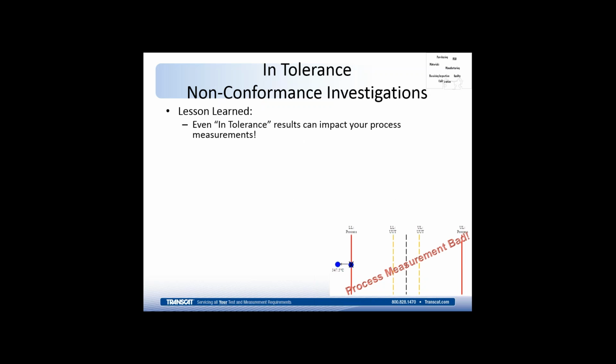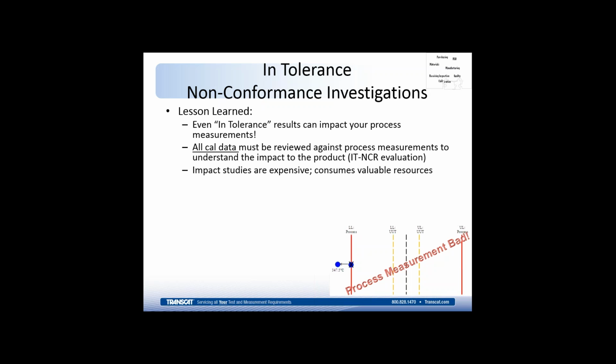So the lessons learned here are that even in-tolerance results can impact your process measurements, depending on the ratio, depending on what's being used for. All calibration data really must be reviewed against process measurements to understand the impact that it's causing to product. But impact studies are expensive, and they consume valuable resources, and you want to try to avoid that altogether.